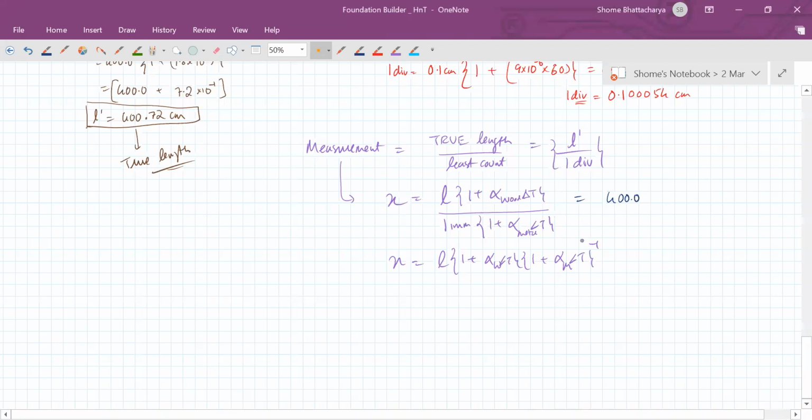Okay, so as you can see here, this calculation is going to be very lengthy. Okay, because we'll have to do something like this. So we are going to use an approximation method instead of substituting this over here.